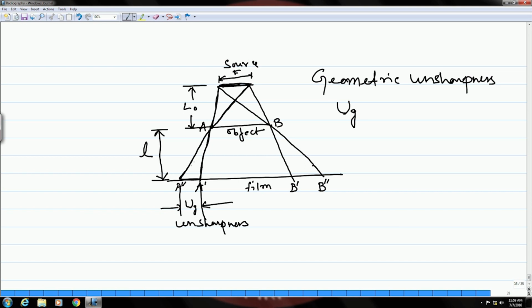So, now if you apply the triangle rule here for these two triangles, then you have base by the height of the first triangle equal to the base, which is f for the second triangle, by the height, which is L naught. Okay. So, from here you get an expression for UG. So, this depends on these 3 parameters.